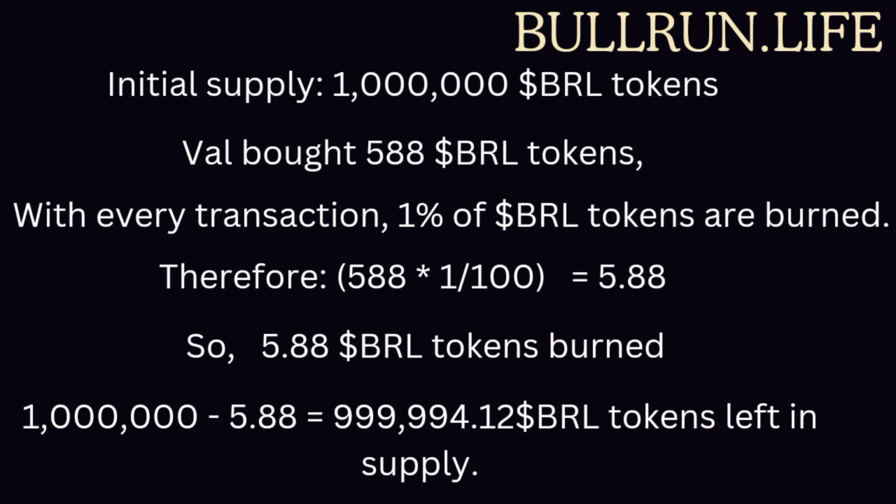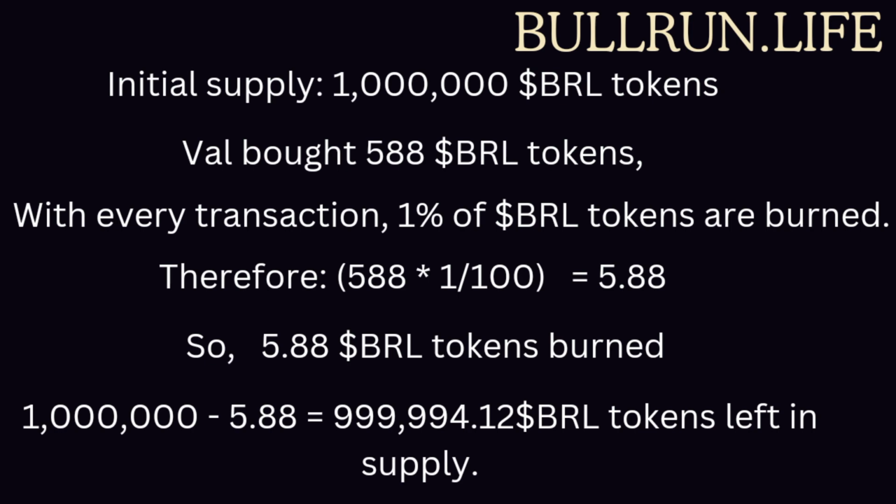Let's say BULLRUN token has just been launched right now, and the tokens in supply are 1 million BULLRUN tokens. So Val has just bought 588 tokens, and we want to know how many of these 588 tokens are going to be banned.